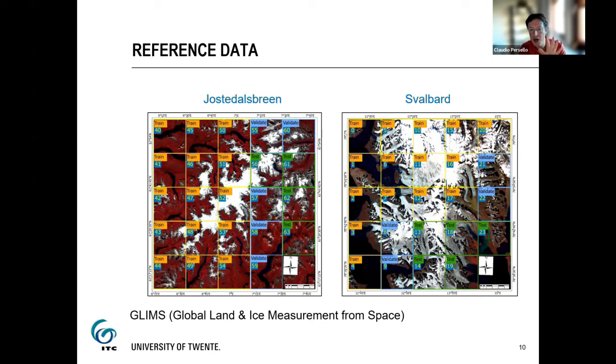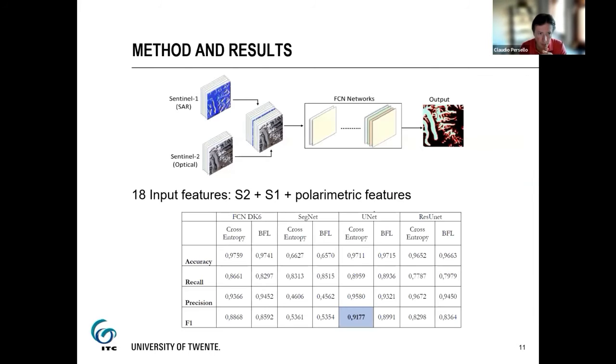And here you see how the dataset has been split into these three different datasets for the two case study areas. And then we explored several different neural networks, and we also explored different combinations of features. We wanted to combine both SAR and optical images.